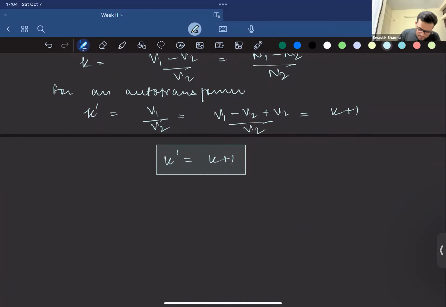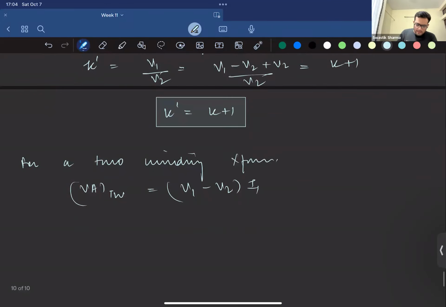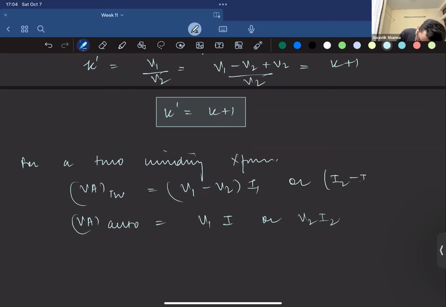Now, let's talk about volt amperes, right? For a two winding transformer, it's given by V1 minus V2 times I1, right? That's how VA will be given. And for an auto transformer, it's nothing but V1 I1 or V2 I2, right?